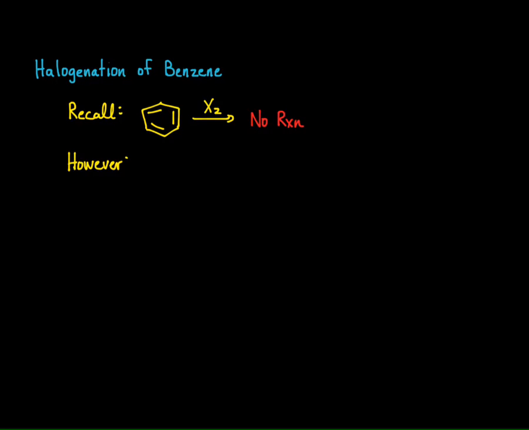However, when I take benzene and react it with a halogen in the presence of a Lewis acid, such as iron halide, so we have ferric halide present, I get a substitution reaction. So again, it's still not an addition reaction like an alkene would behave, but a substitution reaction. And a byproduct of this reaction is HX.